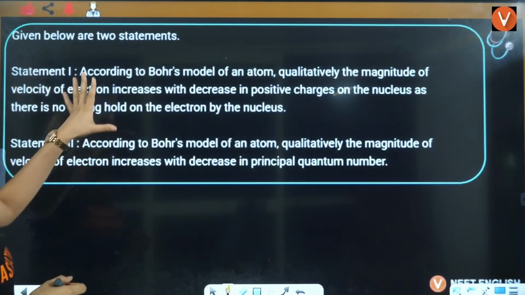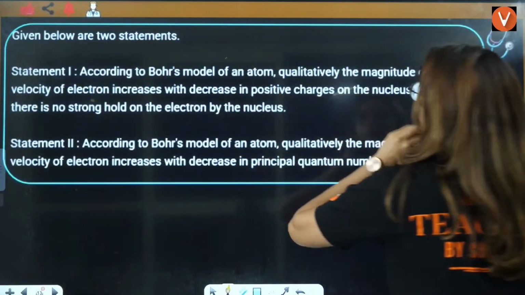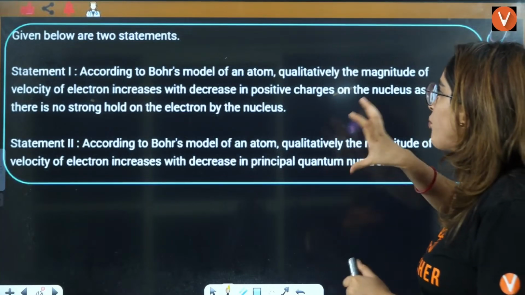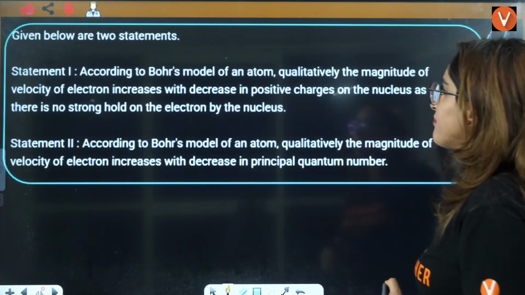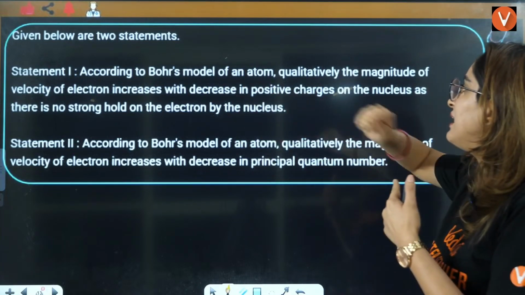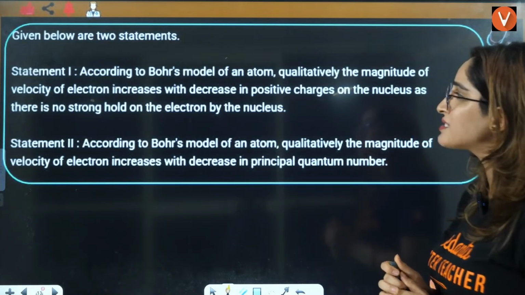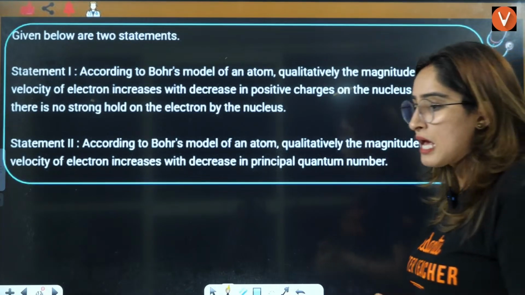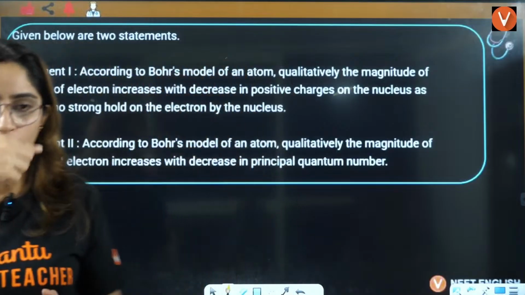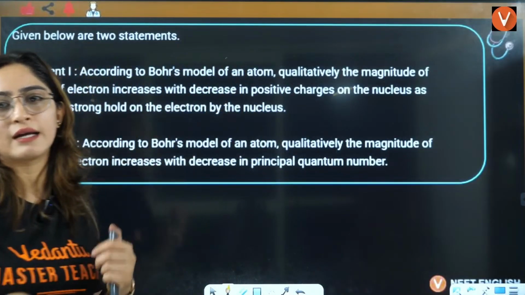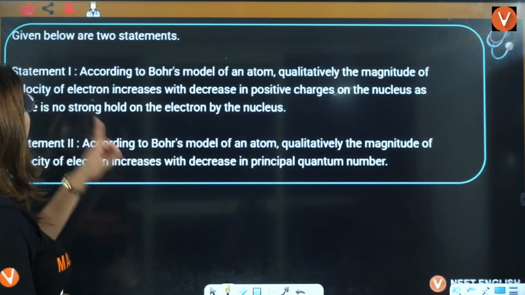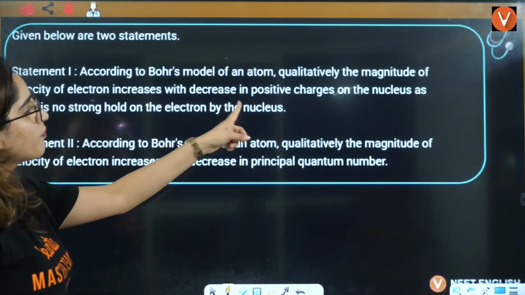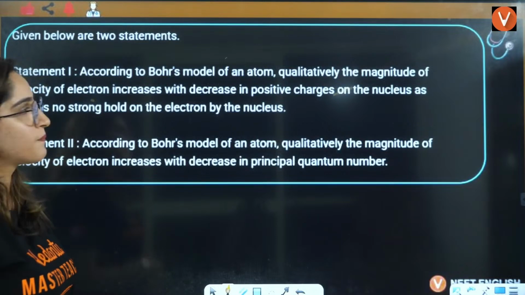The first statement is, according to the Bohr model of an atom, qualitatively the magnitude of velocity of electron increases with decrease in positive charge in the nucleus, as there is no strong pull on the electron by the nucleus. Okay, magnitude of velocity increases with decrease in the positive charge on the nucleus, right?